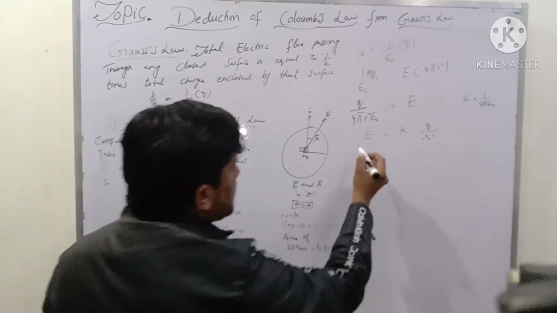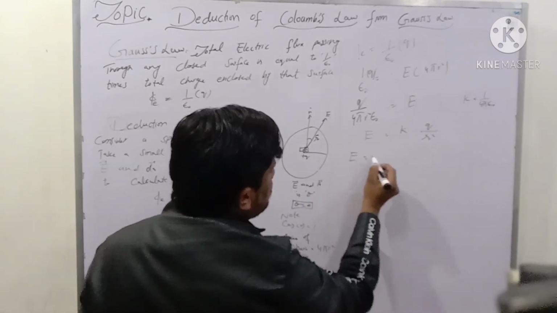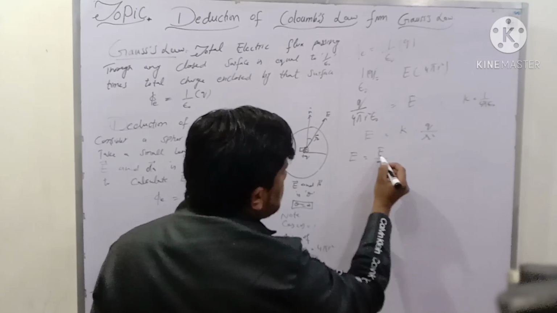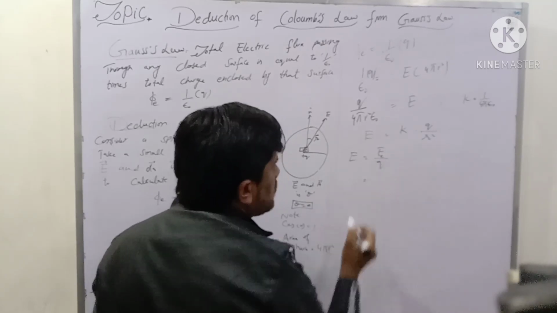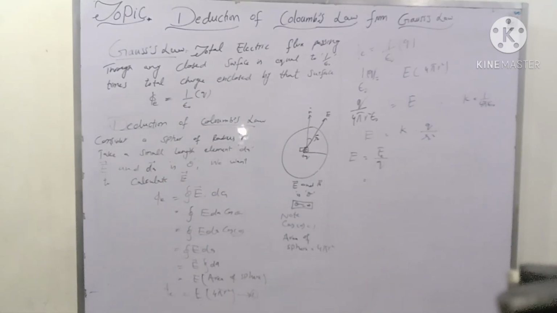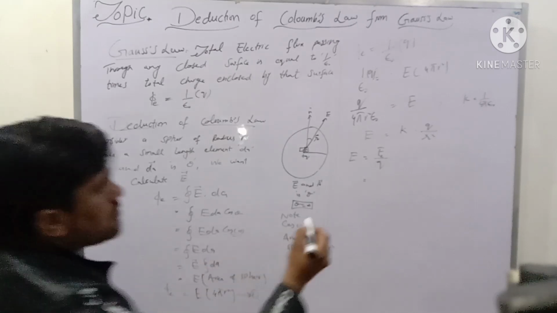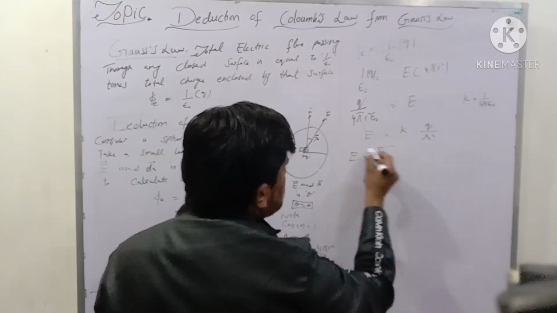Electric field is defined as E is equal to F over q naught. Electric field intensity is defined as force per unit charge.